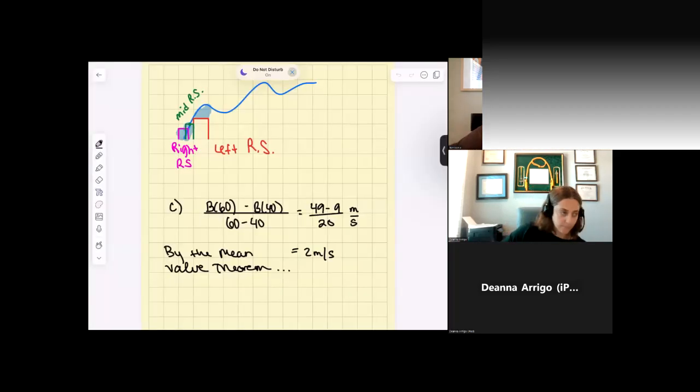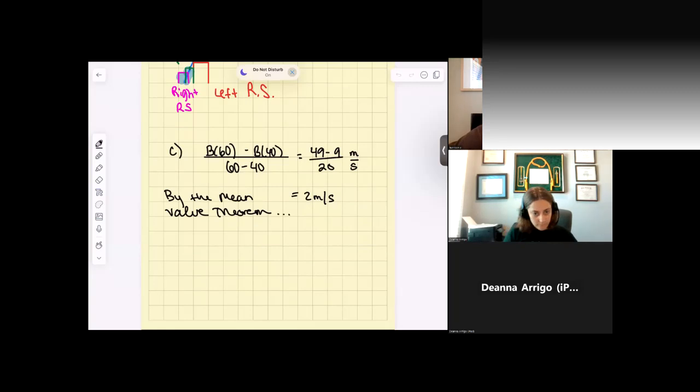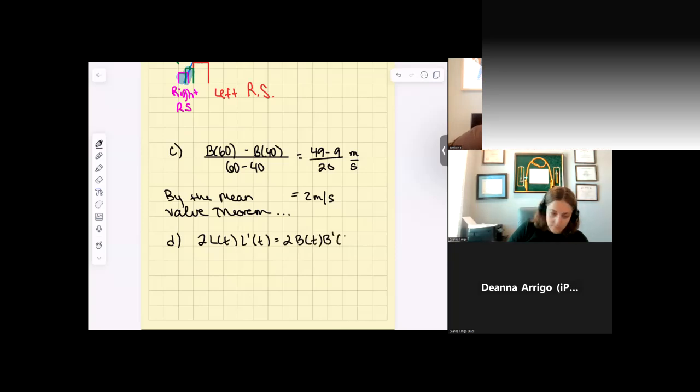Equals 2 times b of t, and b prime of t is just the velocity. That's correct. So it's 2 times b of t times v of t. And at this point, you would want to isolate L prime of t, because that's what you need. You can cancel out these 2's.